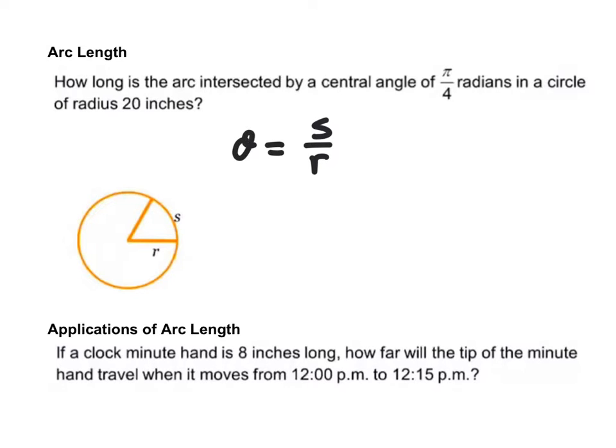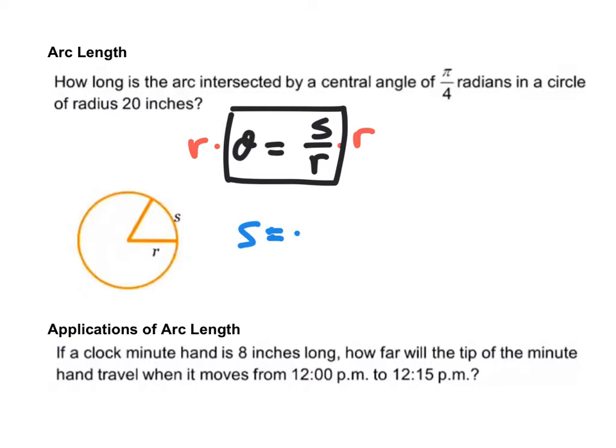Now, one thing I could do is multiply both sides by r. If you multiply both sides by r, you end up solving for the arc length s, and you get the formula s is equal to your radius times your angle measure theta.